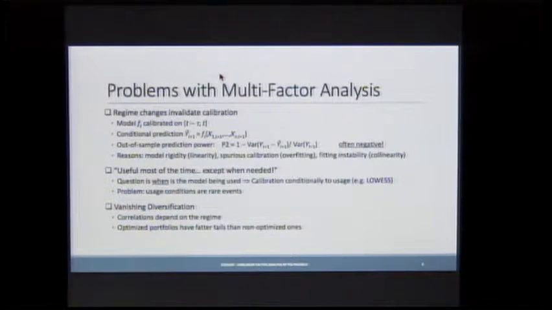Before saying I have a solution, the first thing is, why aren't we satisfied with the existing solutions? Multi-factor analysis, what are the problems with it? Regime changes are the first major reason for the problems in using all those multi-factor models.